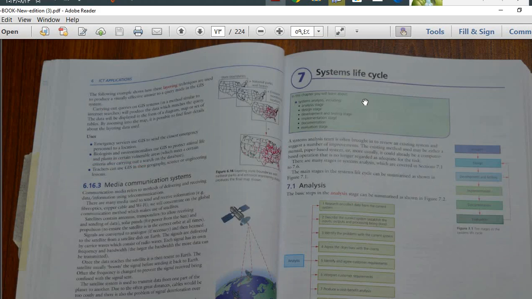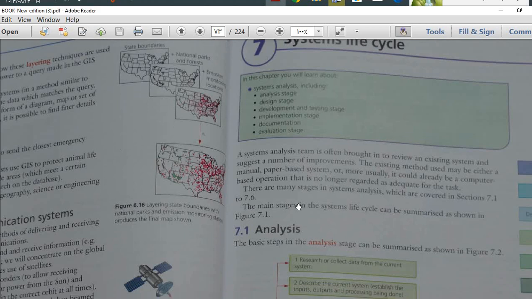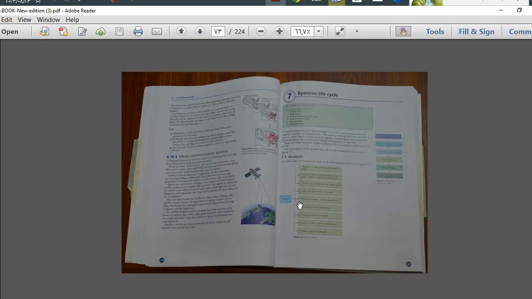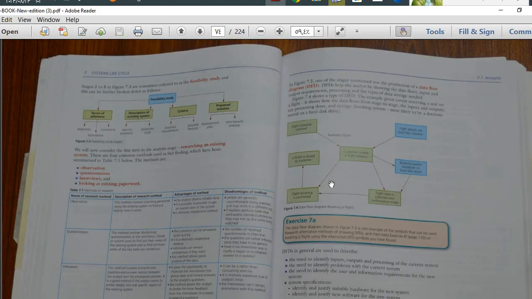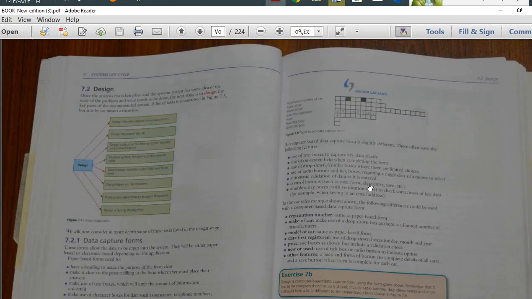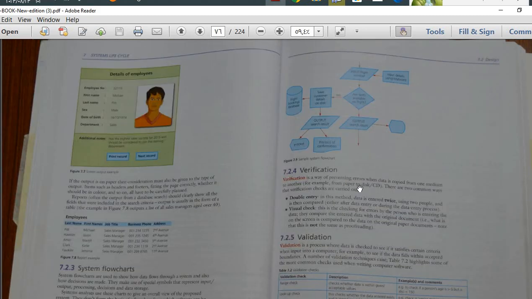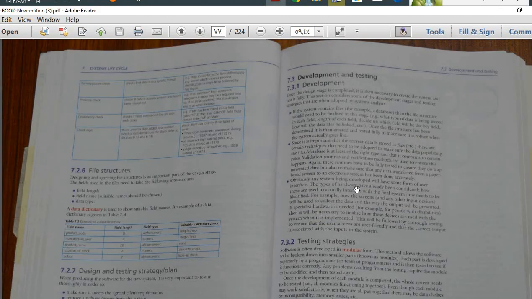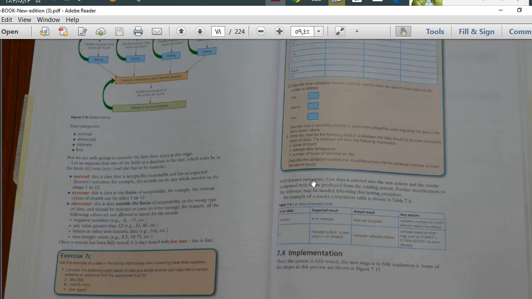System life cycle. In chapter 7 we will talk about the system life cycle, which consists of analysis. First, analysis of the system, then designing of the system, how we design it, then we will talk about development and testing the system, testing strategies.